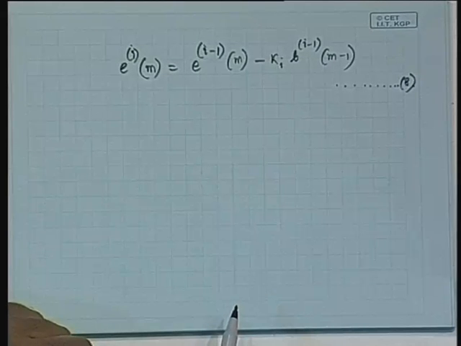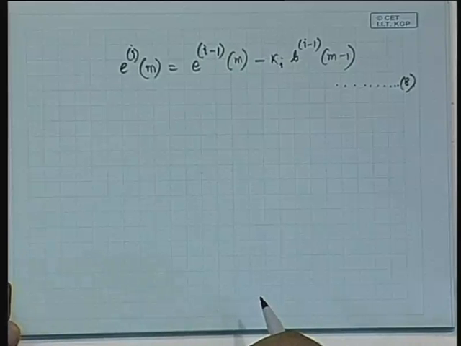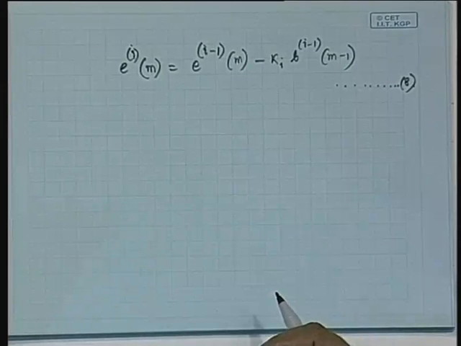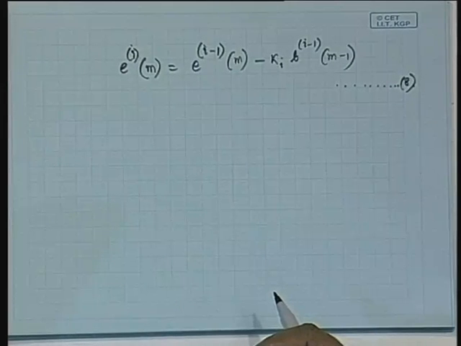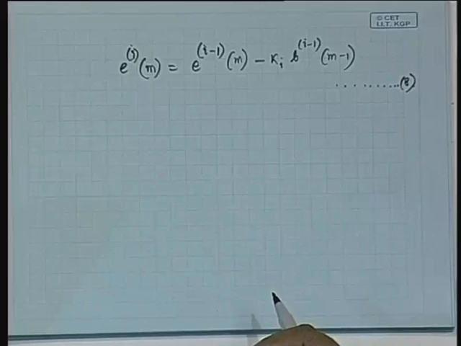We are getting it by simple mathematical jugglery, but a very interesting fact emerges: the ith forward prediction error is expressed in terms of the I minus 1th forward prediction error and the I minus 1th backward prediction error.